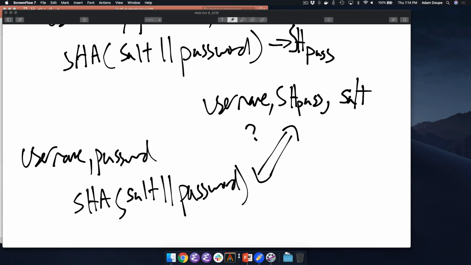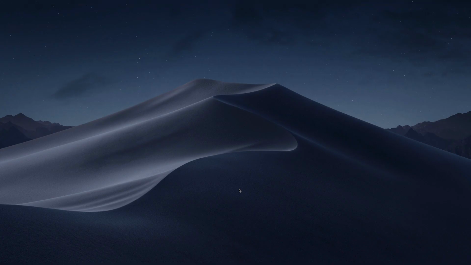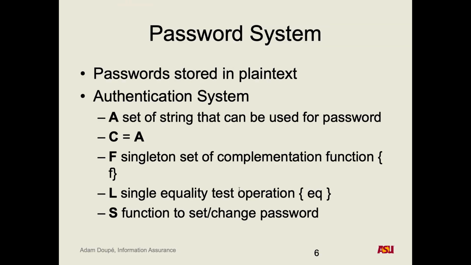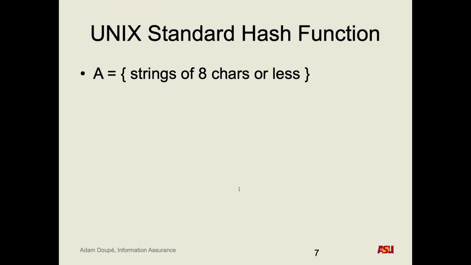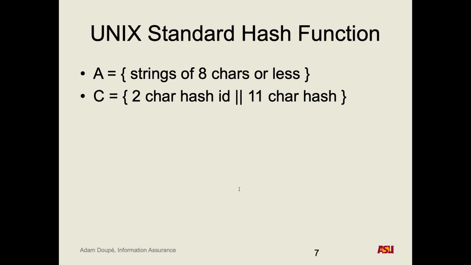So we'll just go back real quick. Unix even had this way back in the day. We'll talk about this later. But basically, you could only authenticate with passwords of 8 characters or less, which is kind of crazy.